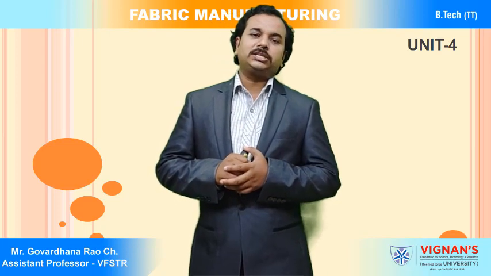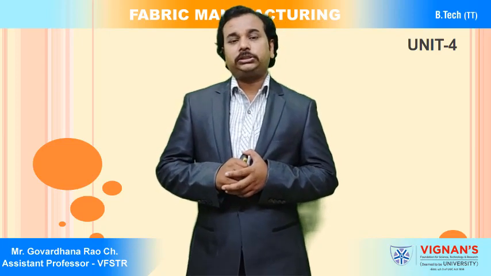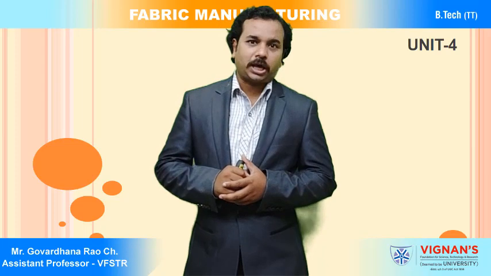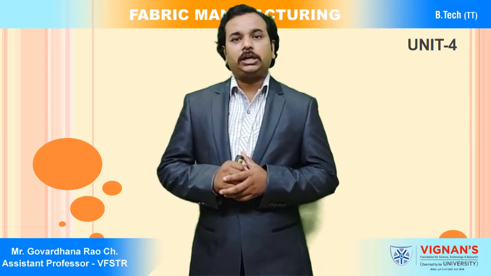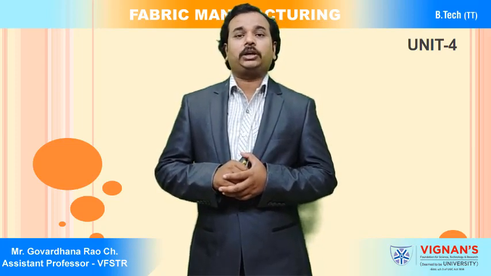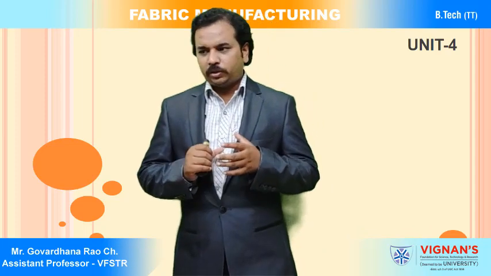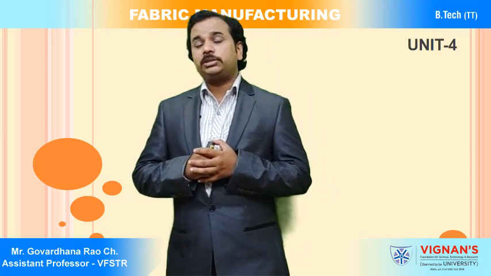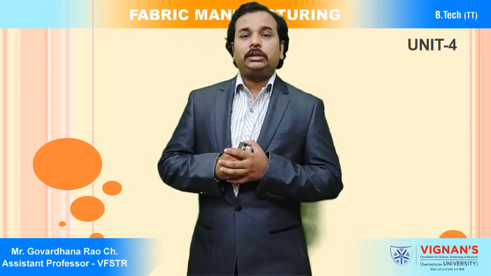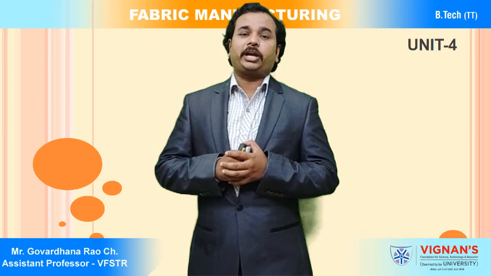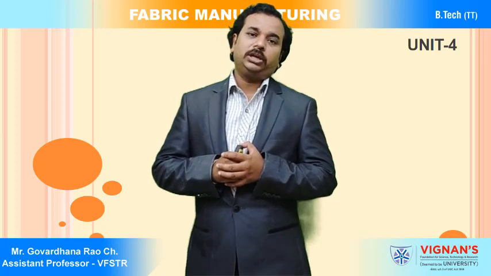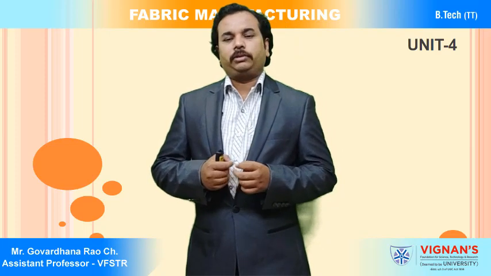We have also discussed the warp stop motions, which are the mechanical type and the electrical type. Along with that, we have discussed the temples also. What are the different types of temples we are using in weaving?